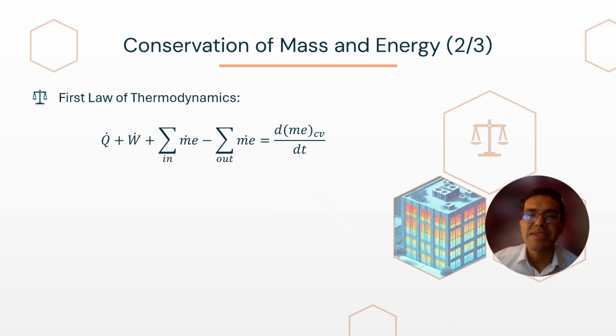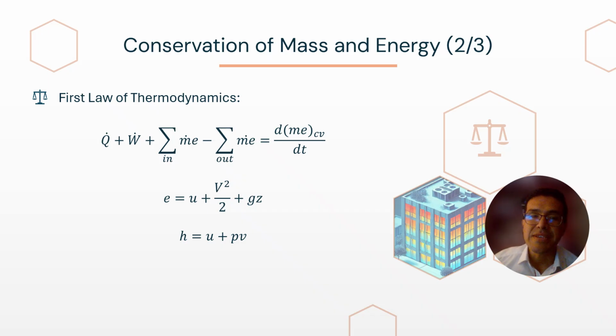e is the specific energy content of the flow stream, that is the sum of the internal, kinetic, and potential energy. The total work of a control volume also includes the work associated with pumping fluid in and out of the control volume, termed the flow work.